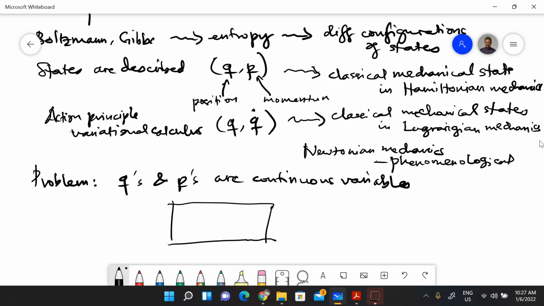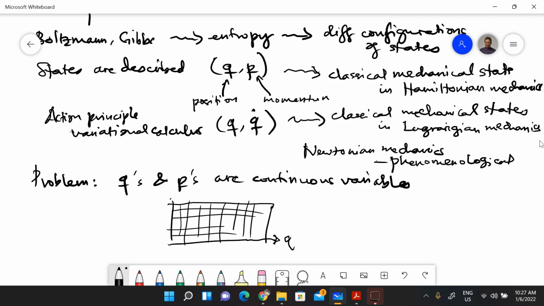In order to describe your configurations, one needs to break it down into grids. Here again, I'm simplifying things because I can only draw a single axis over here.